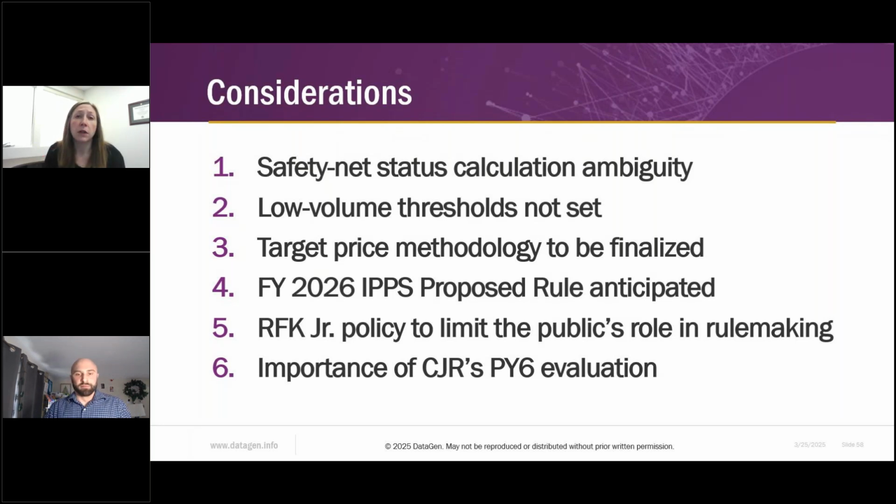So for a hospital to be considered a safety net hospital, CMS is going to be looking primarily at two factors, and it's an or. You can either serve beneficiaries above the 75th percentile in terms of the Part D low income drug subsidy, or based on dual eligibility status.